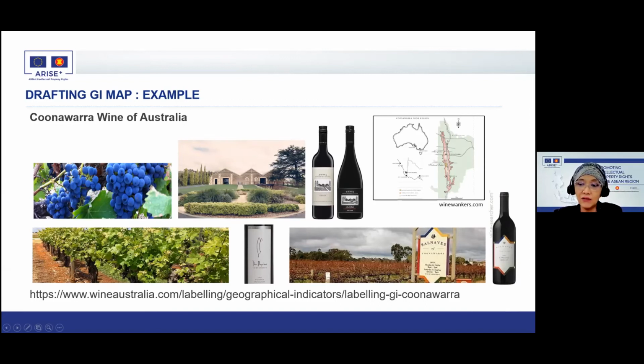It consisted of what we call terra rossa soil, the red soil, formed like a cigar from north to south in Victoria, and this all produced the premium quality of grapes, which becomes the well-known Coonawarra wines. Red wines, especially, are Coonawarra's specialty. They produce also white wines, but the most well-known wines from Coonawarra is red wines.